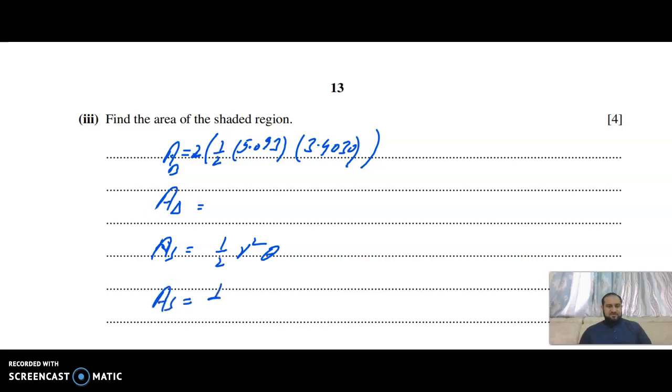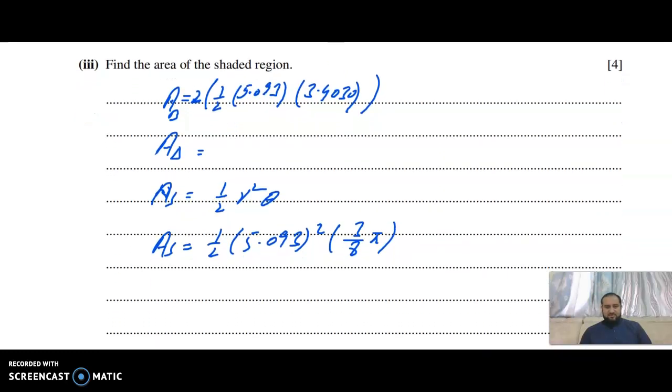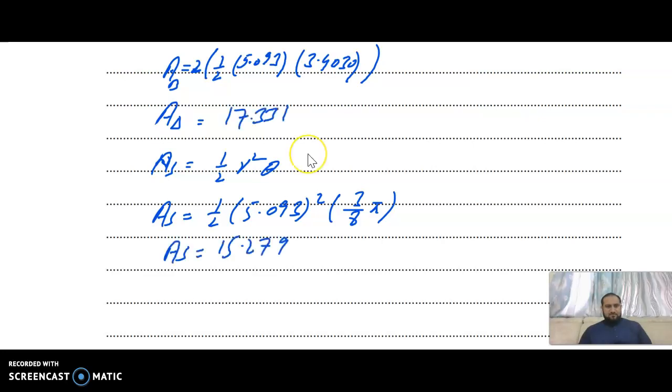So the area of sector is half times 5.093 squared times the angle, 3 by 8 pi. We simply use the calculator over here. So the area of triangle is 17.331, and the area of sector is this. If we subtract, the shaded region area will be 2.05 centimeters squared. Hope you understand these questions. Thanks for watching.